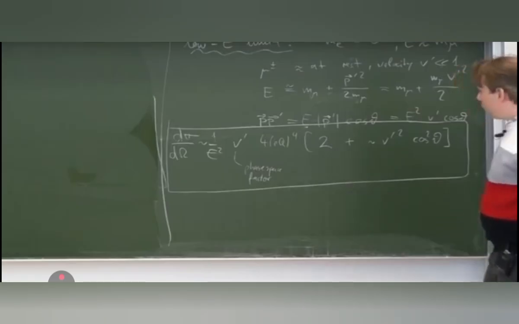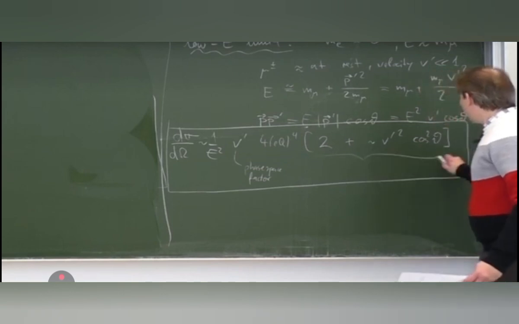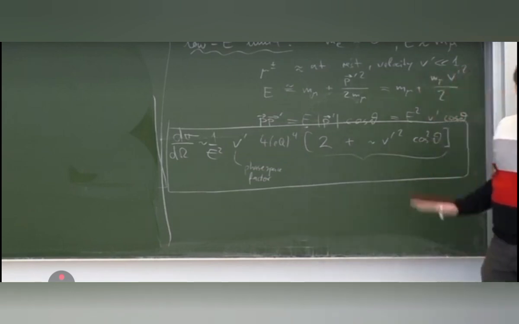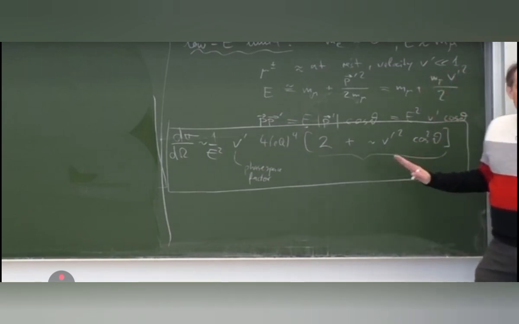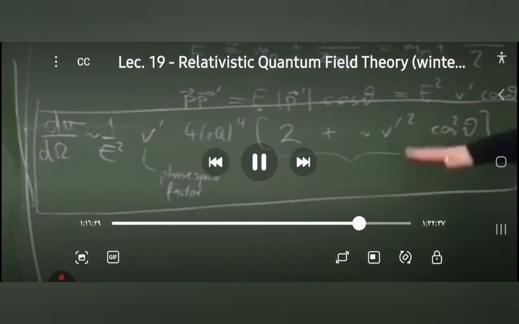So, the square bracket. To 0th approximation in the velocity, the square bracket is 2.